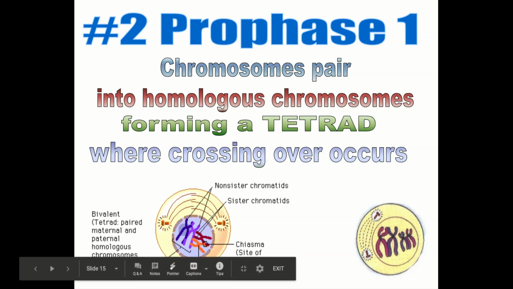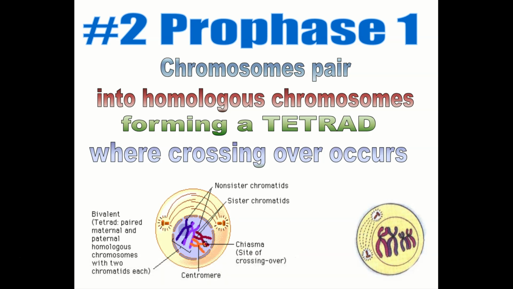So, what is the result of crossing over? By mixing up your paternal chromosomes, which means from the father, and your maternal chromosomes, which means from the mother, you're creating genetic diversity in the reproductive cells that are eventually going to be made, which is very important.